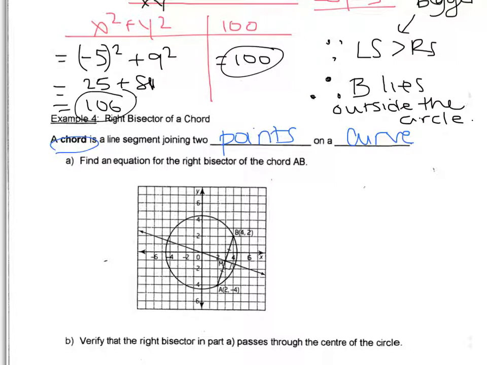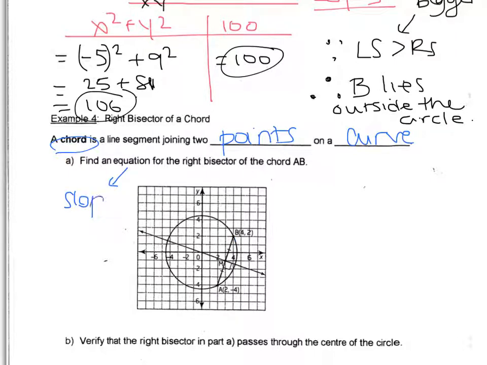We're looking to find the equation for the right bisector of the chord. So we have a chord, it's right here. We're trying to find the equation for the line that goes through the midpoint of the chord at a right angle. So to find an equation of anything, the 2 things we need are slope and a point.